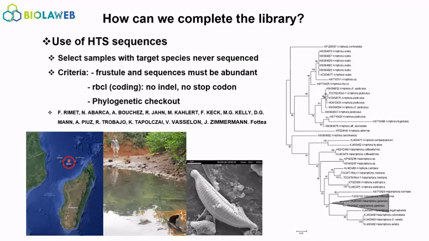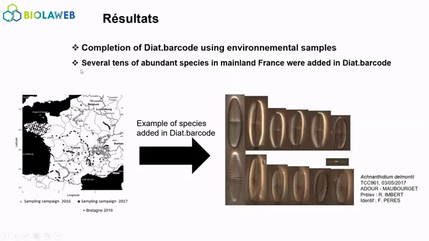So there is a publication associated with this methodology. Basically, to complete the diatom reference library quickly, these species were not sequenced, we didn't have the reference in the library.